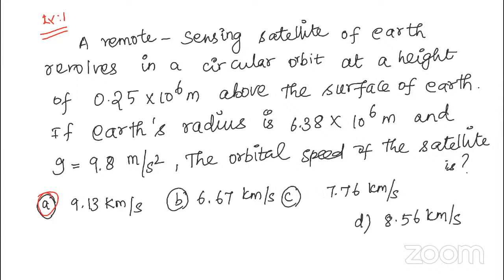Okay, so these are all the options A, B, C, D. In the problem, they are asking the orbital speed of the satellite. So tell me which formula we can substitute for this. We are seeing four equations, no? Which one is apt for this problem? Which equation can we choose?